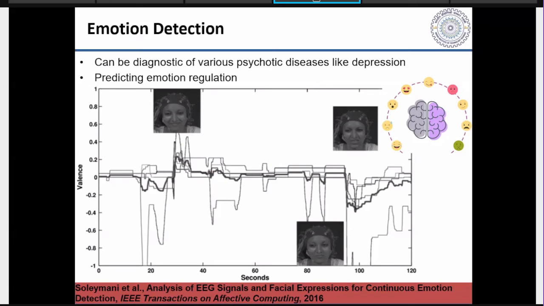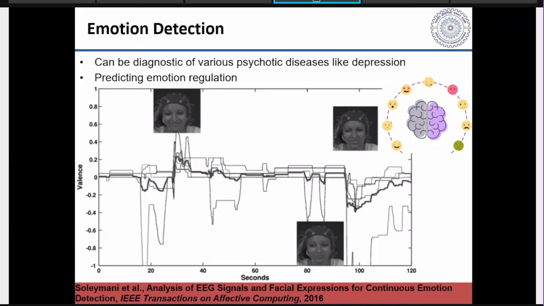Given some EEG signals, we can use machine learning to identify or predict the cognitive state. So now we can use this for emotion regulation for patients with depression.